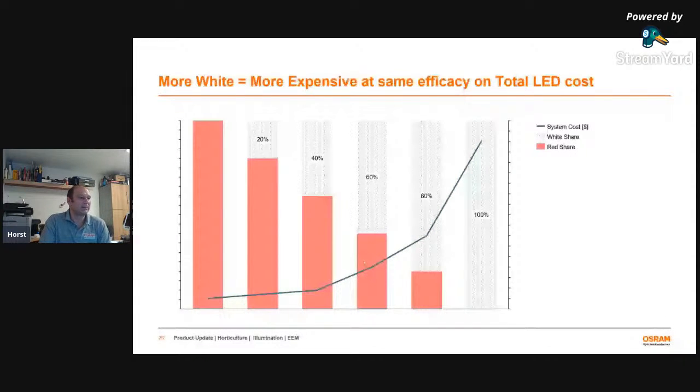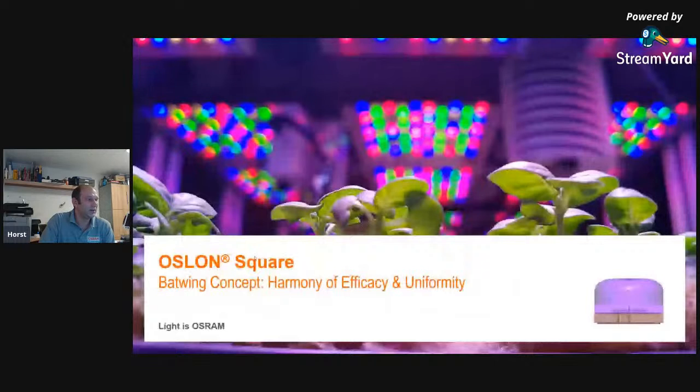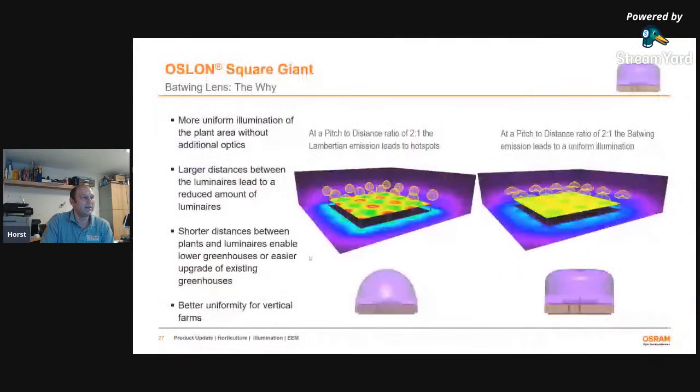So coming to the last chapter, this is the batwing concept, and here is how the idea was created. If you have LEDs which are Lambertian, and you need a certain number of LEDs and distribute them over an area, then you will see you get some hotspots.